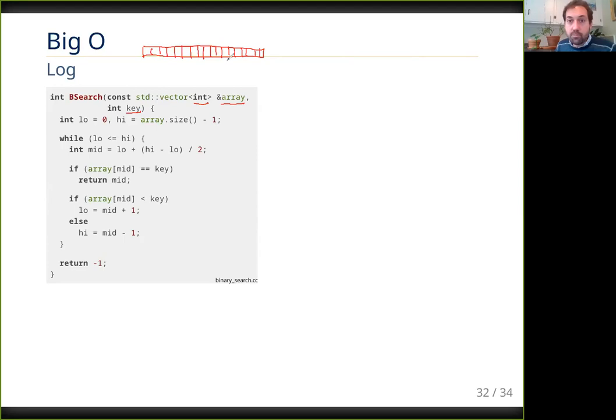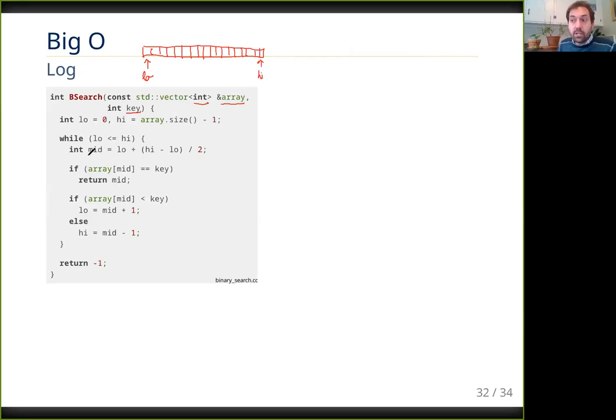We obviously assume, because otherwise binary search would not work, the array is sorted, is in sorted order. Otherwise binary search cannot work at all. And so the idea of this algorithm is that we define that the first item is at index low and the last item is at index high.